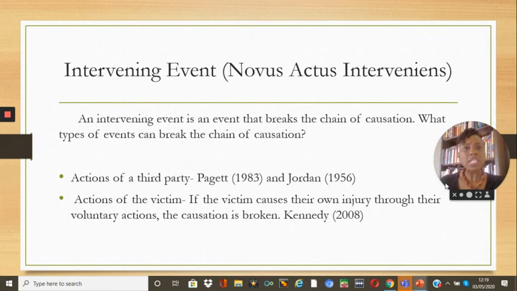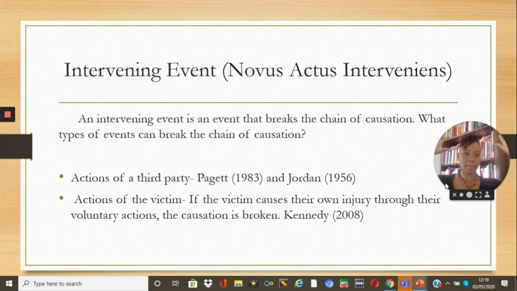Okay. So another thing that can happen in court is the defendant can say, look, there has been an intervening event. There has been a novus actus interveniens, meaning there has been an event which has broken the chain of causation. So they might be able to say, look, okay, my action caused the harm or caused the death. But if you look at it, you'll see that between my action and the result, the death, something else happened.